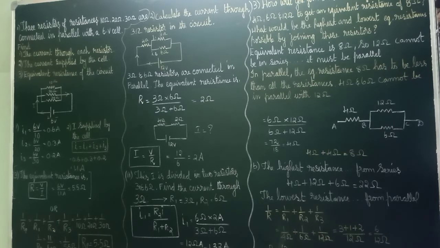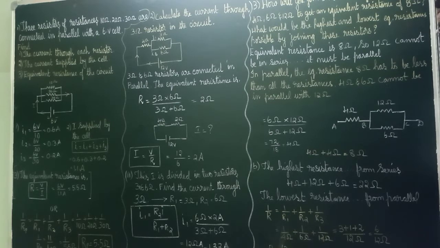If you write like that, 2 sixes are 12 ohm amps, by 3 plus 6, 9 ohms. So the ohm and ohm will get cancelled. 12 by 9, you will get 1.33 amps. Okay.